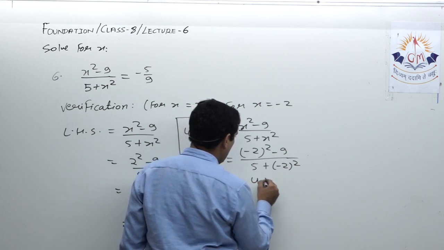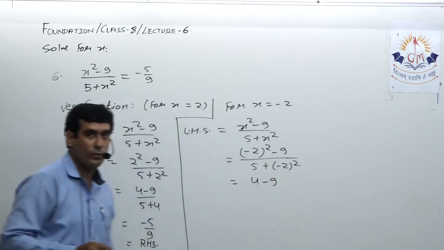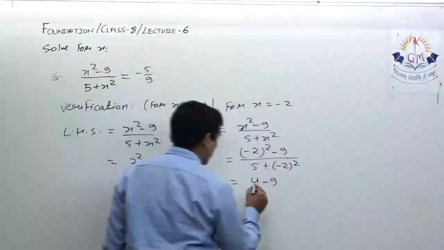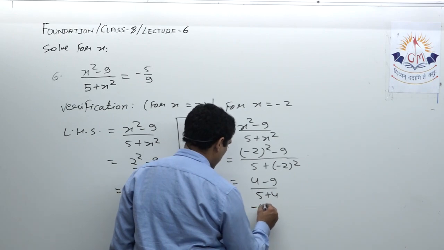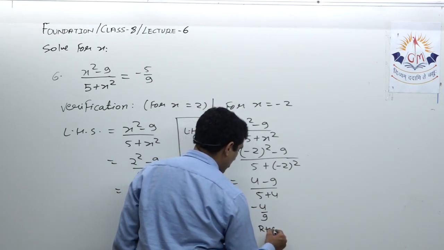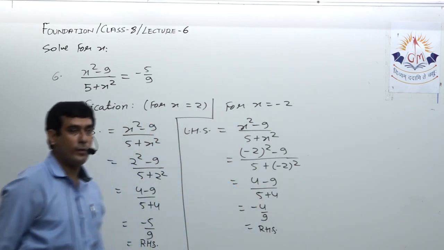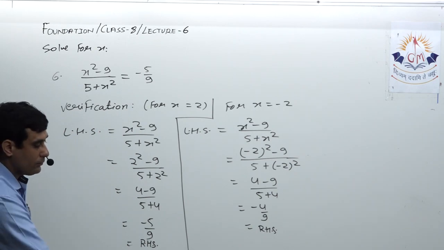So 4 minus 9, because minus 2 square is again 4 only. Minus 5 upon 5 plus 4, that is minus 5 upon 9, which is actually equal to the right hand side. So left hand side is equal to right hand side in both the cases. So note it down, then we'll see the next question.